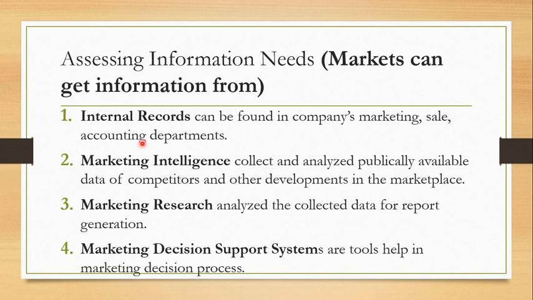They can take the internal data, do the analysis and make decisions on the basis of internal sales records as to which color of mobile phone is to be produced in how much quantity. So the internal records will help that organization to make a decision.